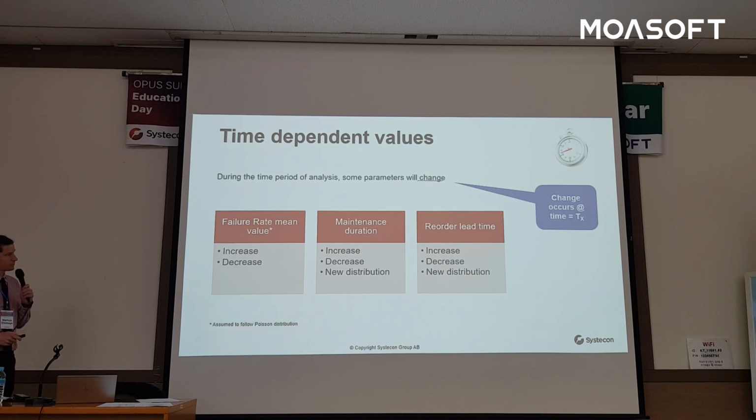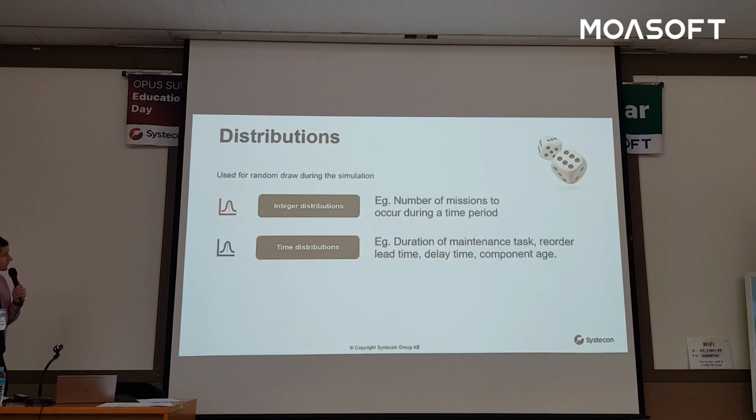Also, for example, reorder lead times. You know that when there's something that we cannot repair, we need to reorder a new one. So the lead time might increase or decrease. It can also be given distributions. And the distributions can be used for random draw during simulation.